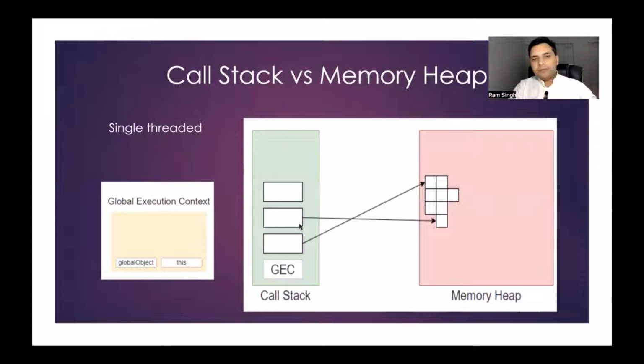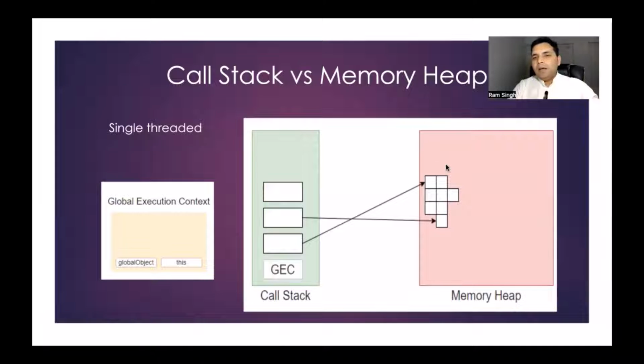Each block mainly represents one function in the call stack. Inside each function, if you need to allocate memory for any object, that will be provided from the memory heap.